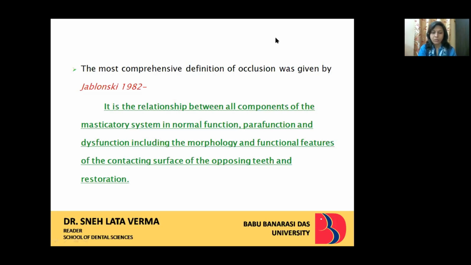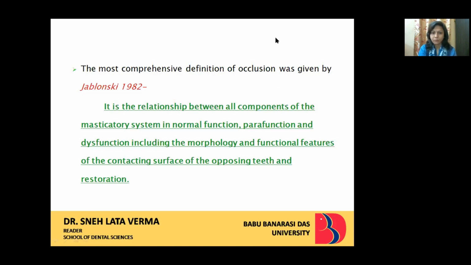So all the components of the stomatognathic system, all the functions of the mandible, and the relationship of individual teeth to one another within the jaw and between the jaws, all these things come together within this definition.